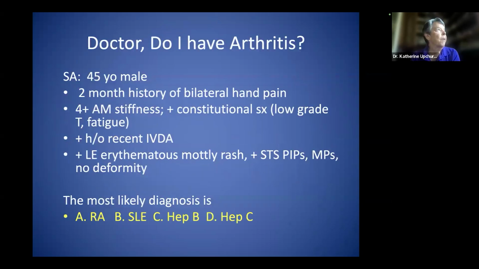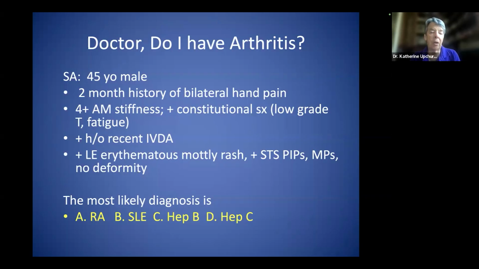For the first introduction here, I want to start off with a case. SA is a 45-year-old male who had a 2-month history of bilateral hand pain. He had 4+ morning stiffness, constitutional symptoms that included low-grade fever and fatigue, and he had a long history of IV drug abuse, including recently.